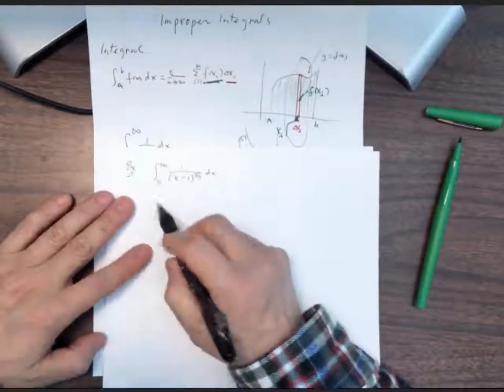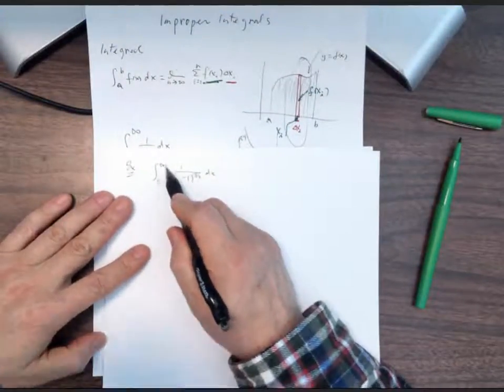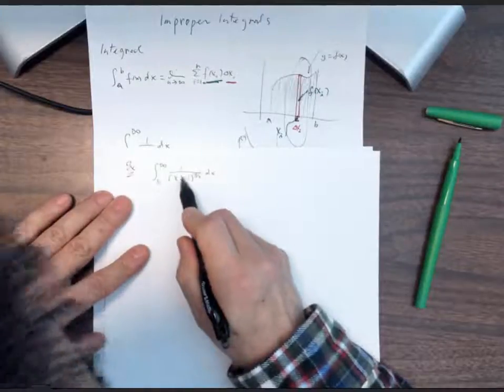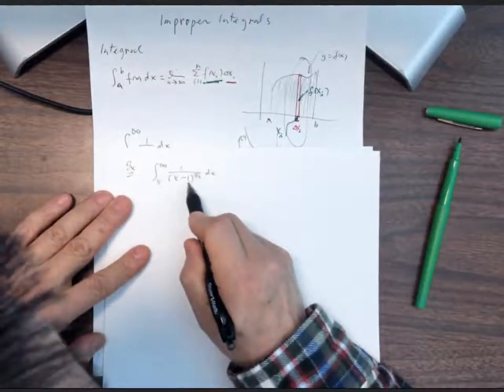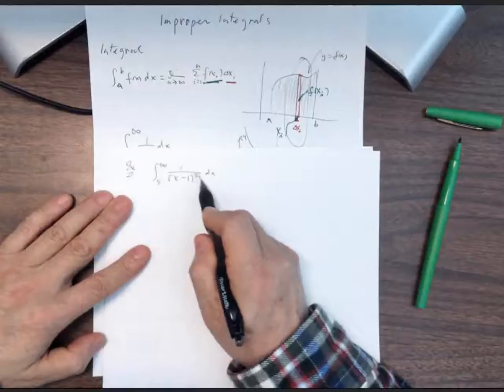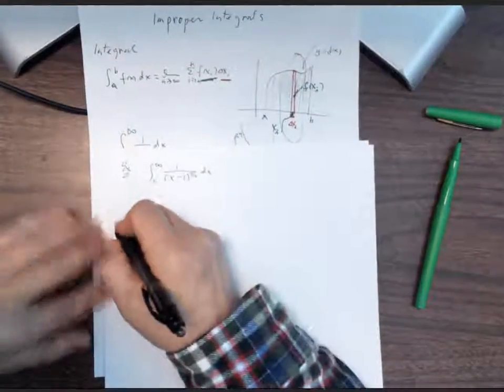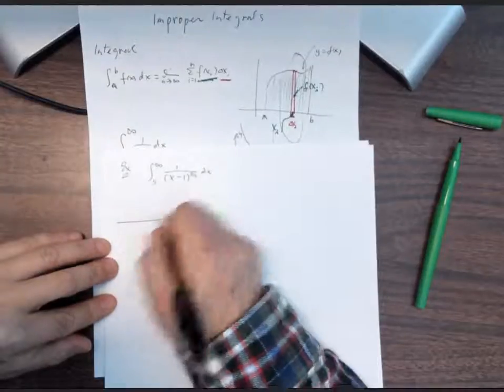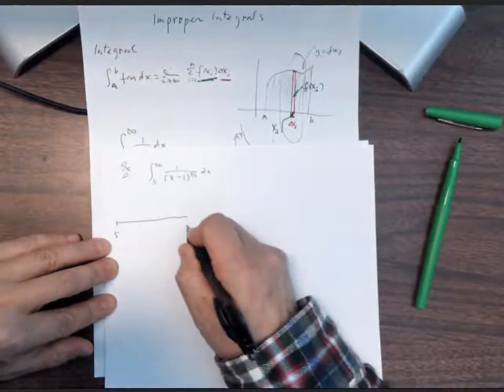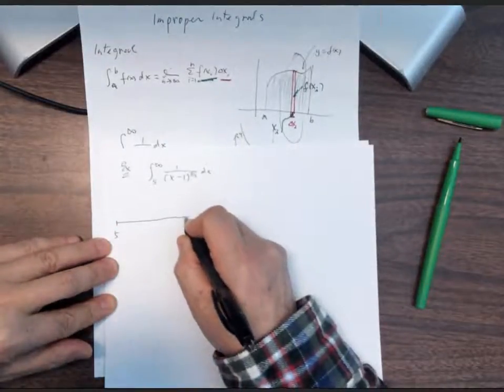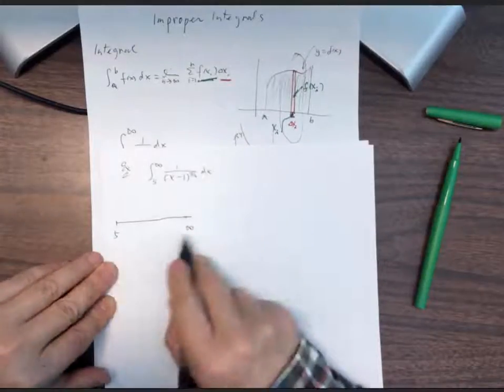Here's an integral from 5 to infinity of 1 over (x minus 1) raised to the 3/2 power. So, number 9. In the original problem, we're supposed to go from 5 to infinity.